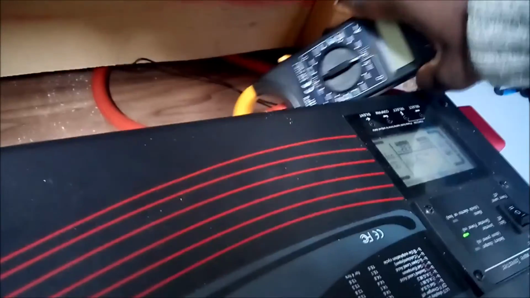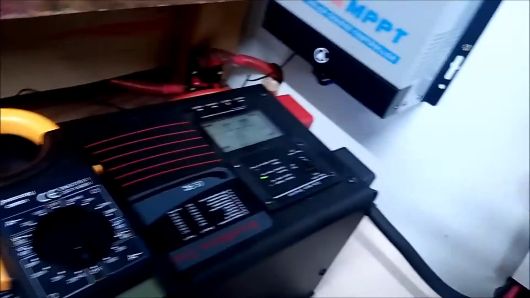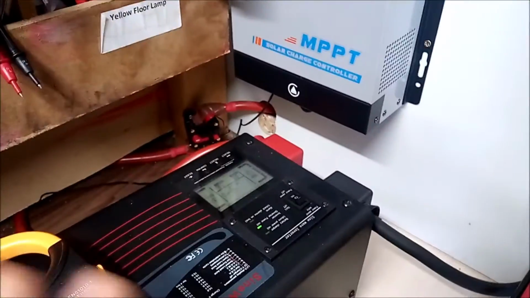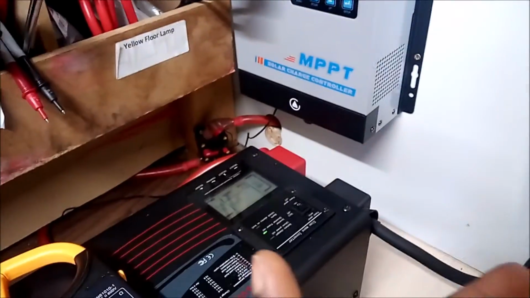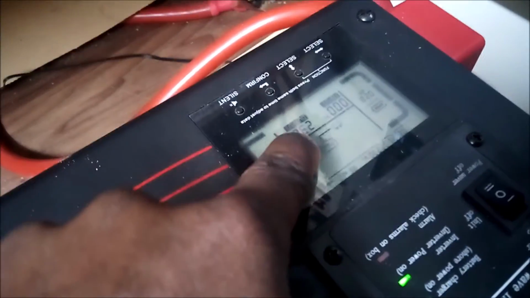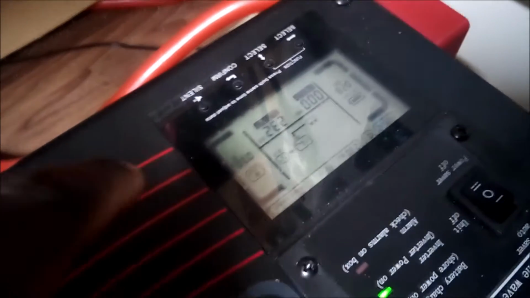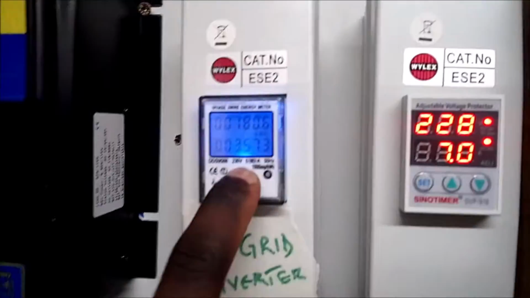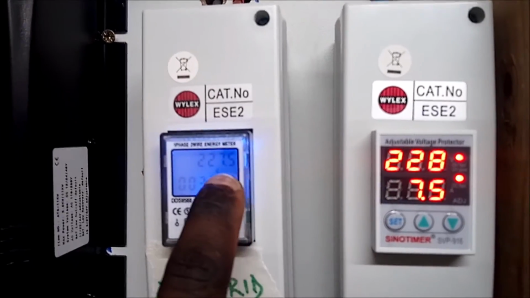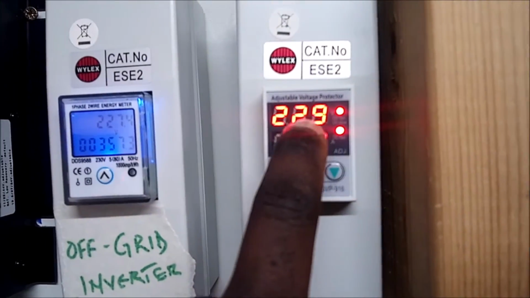to the reading from the clamp meter, and also because you are inverting a system to provide you with 235 volts AC, or 230, 220, 240, depending on what you're using. As for me, you can see my inverter voltage right now is 232, and over here it's 227, and here 229.